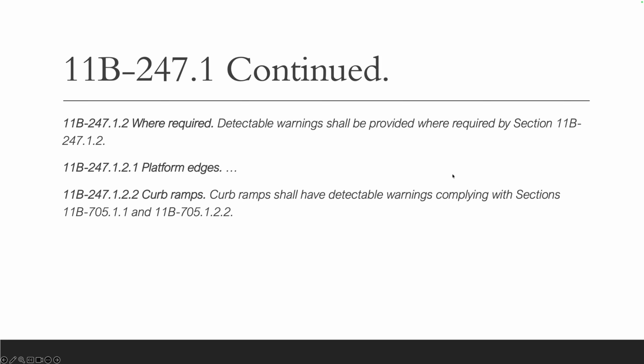That is what we care about. It says curb ramps shall have detectable warnings complying with section 705.1.1 and 705.1.2.2. Now, 705.1.1 discusses the requirements for the actual detectable warning surface. That's the truncated dome part. While that's great, it's really outside the scope of this video. We're not talking about the domes, we're talking about where the domes have to go. So let's move on.